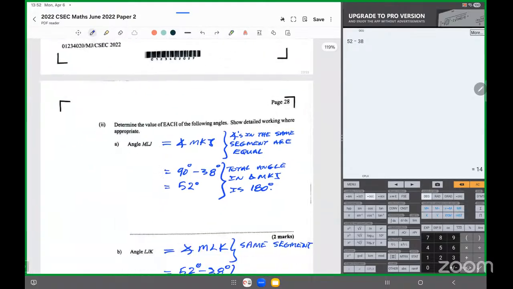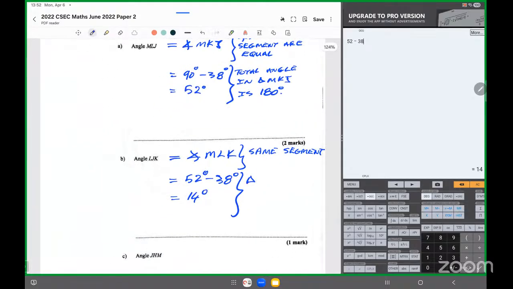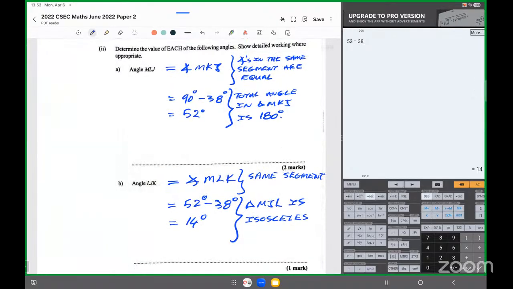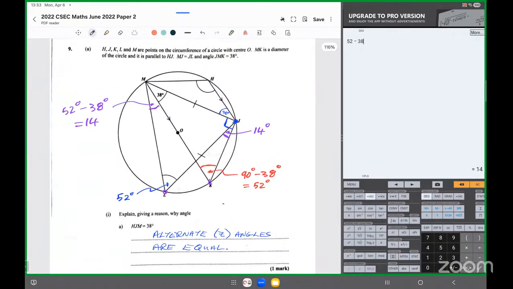Because triangle MJL is isosceles, the two base angles are equal. So I'm going to tell them which two angles are equal. The angle equals 52.